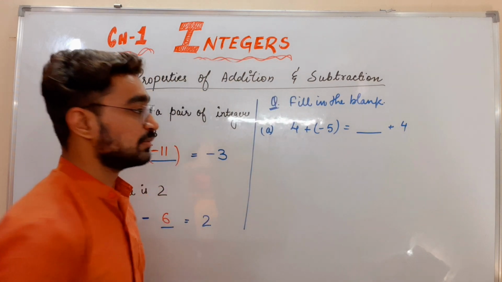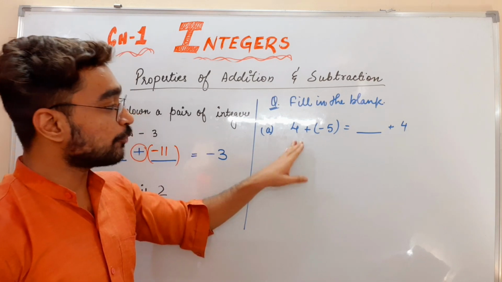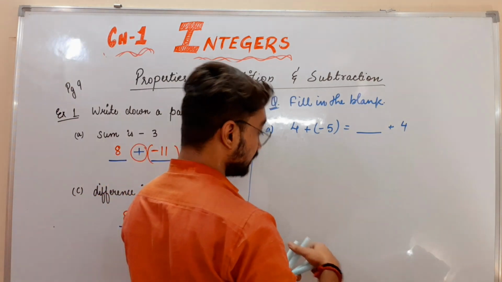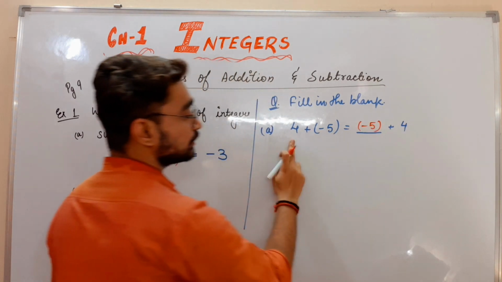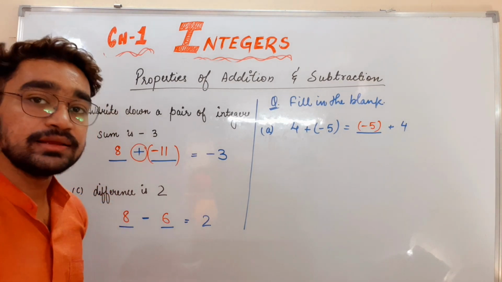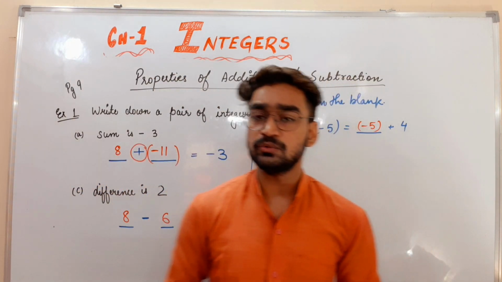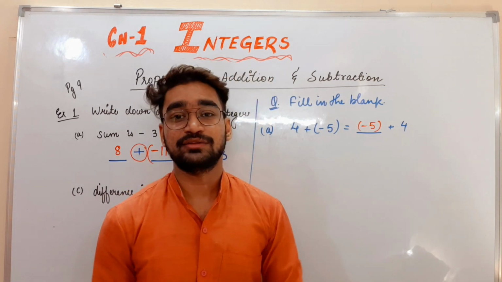What number should come here? Do you remember the commutative property? It says that 4 plus 5 or 5 plus 4 will be the same. So what should come here? The answer should be -5, because 4 is already here. Like that, by using the commutative property, associative property and other things, you can do these types of fill in the blanks also.